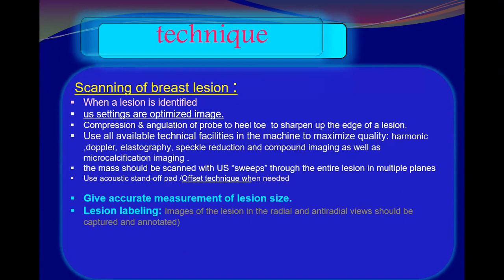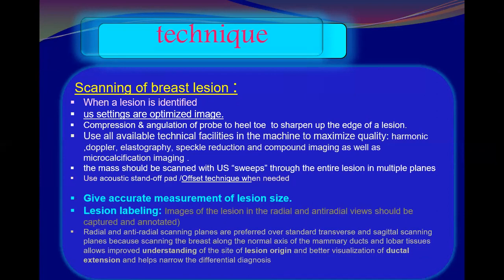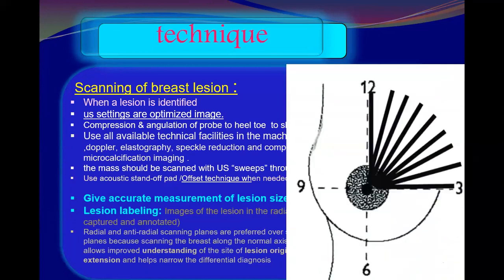For labeling, we said that for accurate understanding of the lesion's location or origin, we have to use radial and antiradial views. When you have a lesion while you are scanning using the longitudinal, transverse or Minder technique, just shift to radial and antiradial, then capture an image of the lesion and do your labeling.